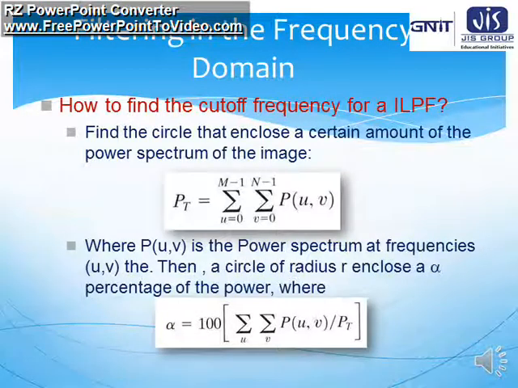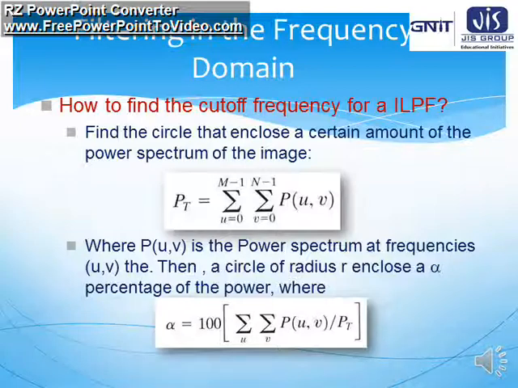How do we find the cutoff frequency of an ideal low pass filter, or ILPF? Find the circle that encloses a certain amount of the power spectrum of the image using the formula PT equals the summation of u equals 0 to M minus 1, summation of v equals 0 to N minus 1 of P(u,v), where P(u,v) is the power spectrum at frequencies (u,v).